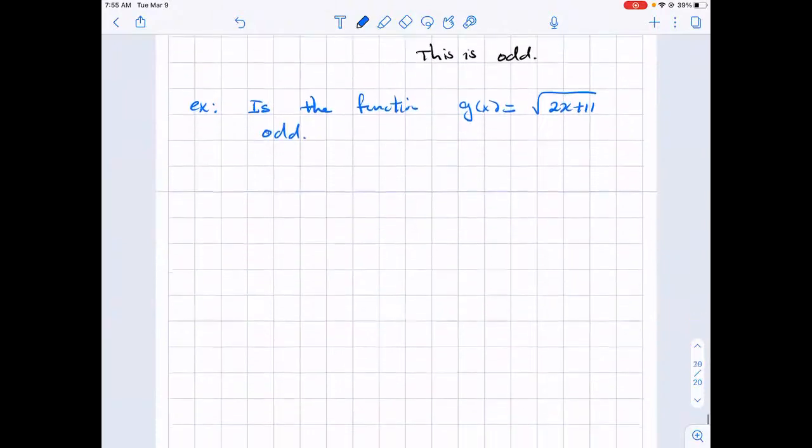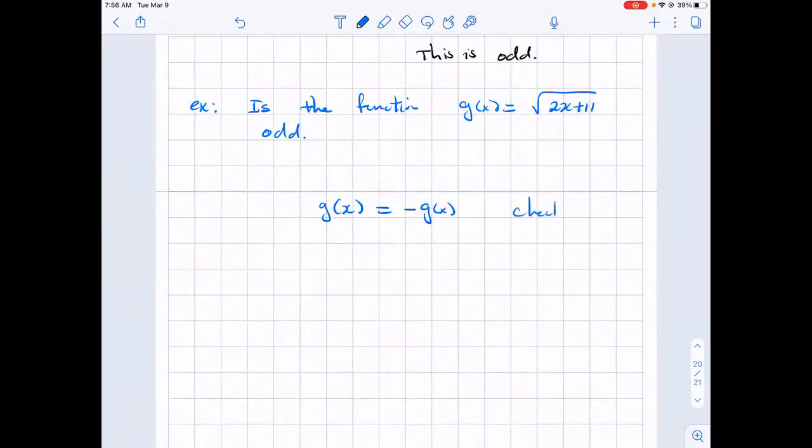And we want to remember that for something to be odd, g of minus x must be equal to minus g of x.